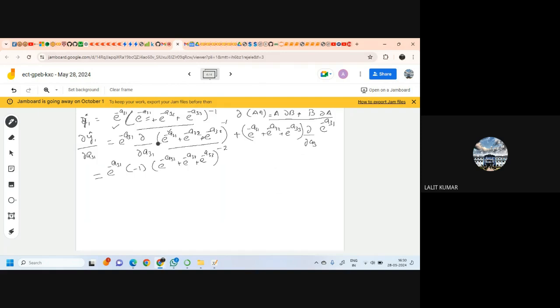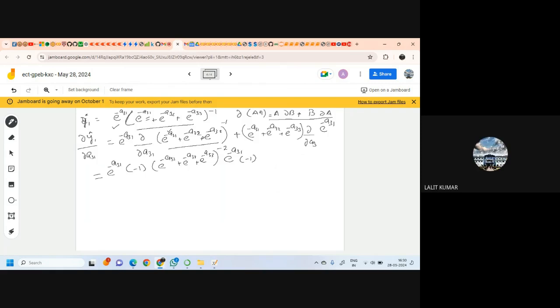Now we come inside this. Dou of e to power minus a31 with respect to a31 will become e to power minus a31, because e to the power has the same derivative as itself. And then the derivative of minus a31 by a31 will become minus 1.